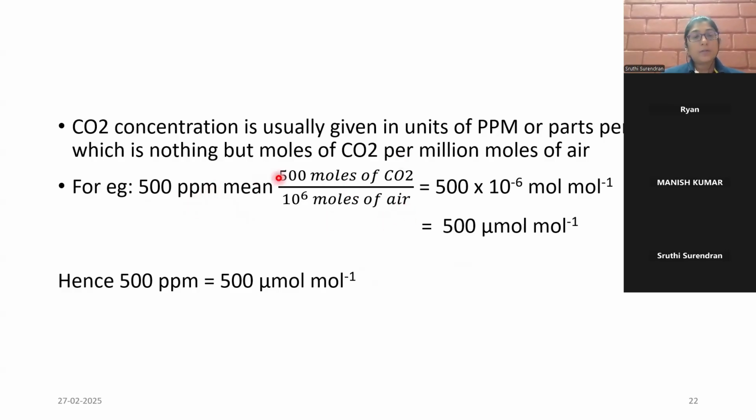So 500 moles of carbon dioxide per 10 to the power 6 moles of air will ultimately be 500 micromoles per mole. So if we represent the concentration of the atmosphere, as of now the carbon dioxide concentration in the atmosphere is around 420 ppm. So when we say 420 ppm, it means that it is equal to 420 micromoles per mole.